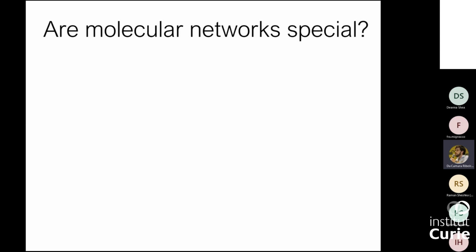So what about molecular networks? Are they special compared to other networks, such as, I don't know, neural networks, mechanical networks, electronic networks? Do they have something very special? So I like to connect this question to a very similar question that was asked maybe 200 years ago when people discovered organic molecules.